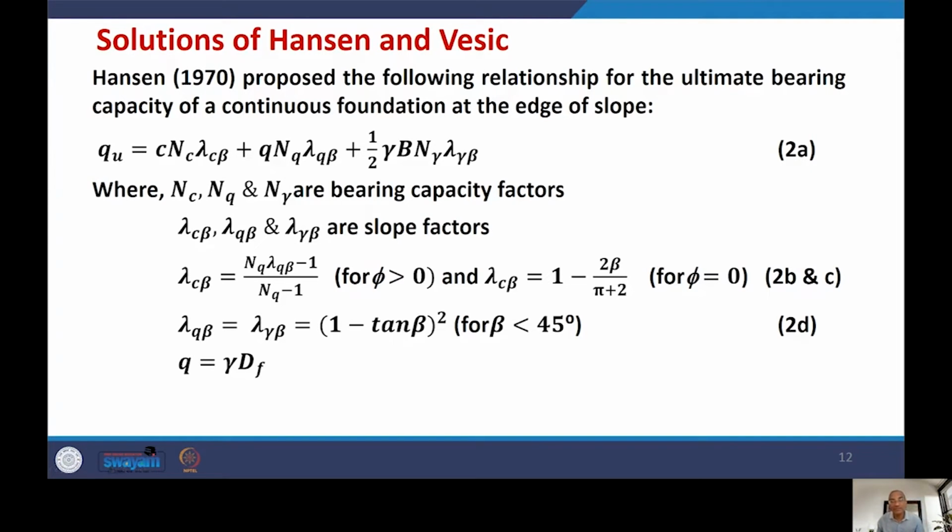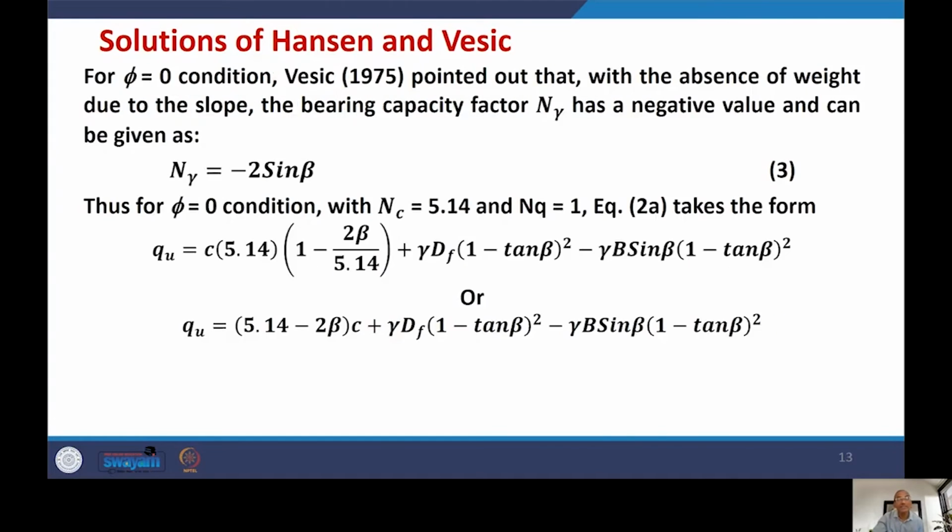Here, let's work on the case of less than 45 degrees. If beta equals 45 degrees, then tan 45 is 1, and at 45 degrees lambda q beta and lambda gamma beta will be simply 0. Once you substitute this value 0 in equation 2a, you are left with only the first term. Q in these terms is gamma Df, as we discussed earlier.